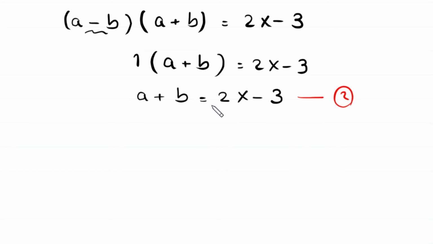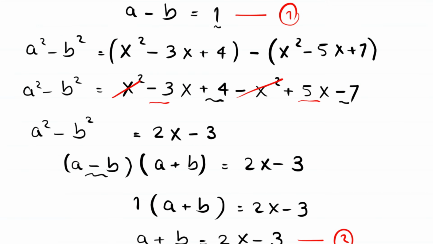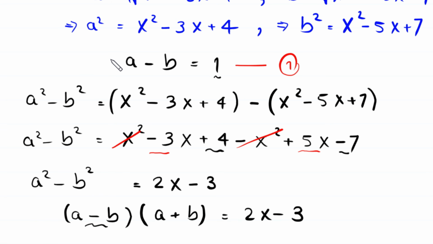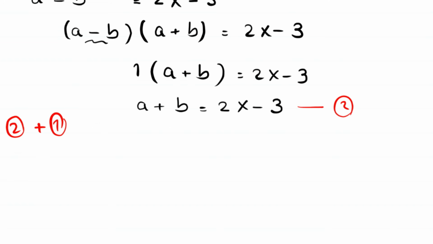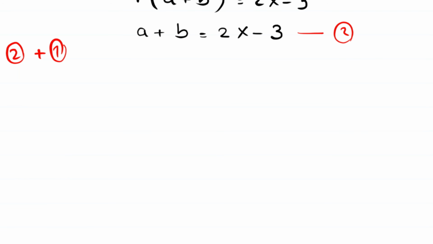And to this second equation we add equation number 1. Equation 1 is a minus b equal to 1, and we add these two equations.